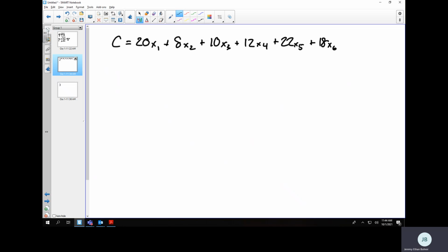The production constraints on plants 1 and 2 lead to these inequalities. x1 plus x2 plus x3 has to be less than or equal to 400. And x4 plus x5 plus x6 is less than or equal to 600.